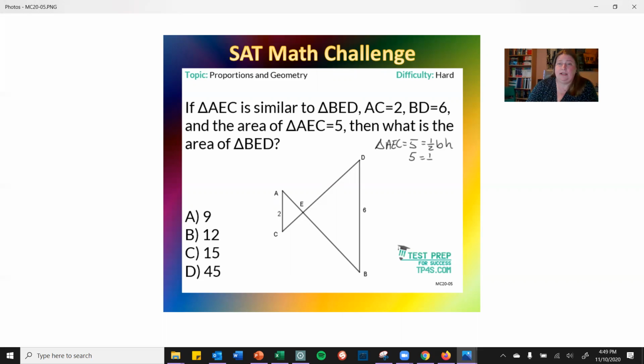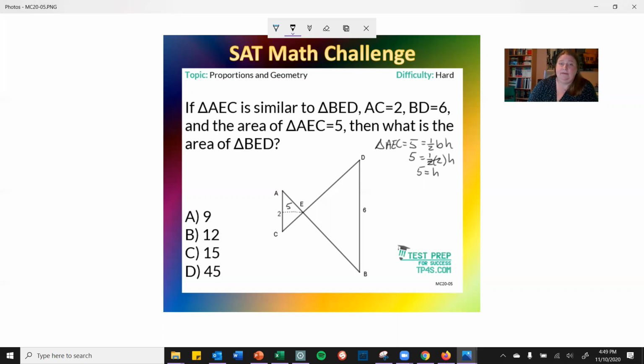I know that from the drawing. So let's see here, 5 equals 1/2 times 2 times height. Well, the 1/2 and the 2 are just going to cancel each other right out. The height is 5. And I figured out my first unknown value, I'll put it in right here into the drawing. The height of my smaller triangle is 5.